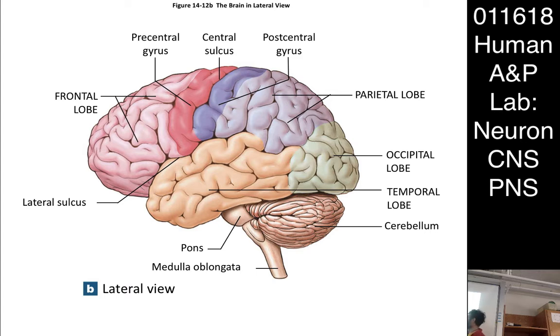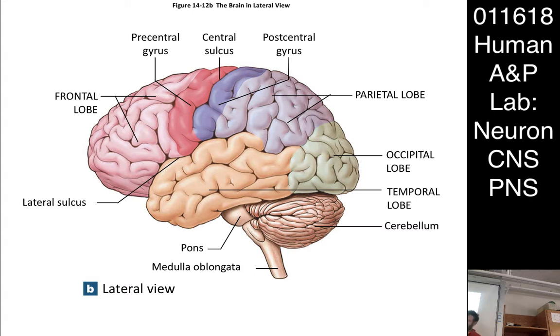The frontal lobe, the parietal lobe, the occipital lobe, the temporal lobe, and there's one other called the insula, or insula of Reil, that's hiding in here. But we'll get to that in a moment. So frontal, parietal, occipital, temporal lobes.